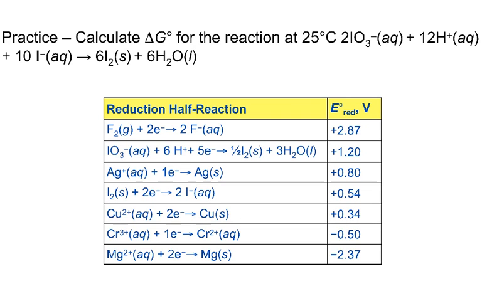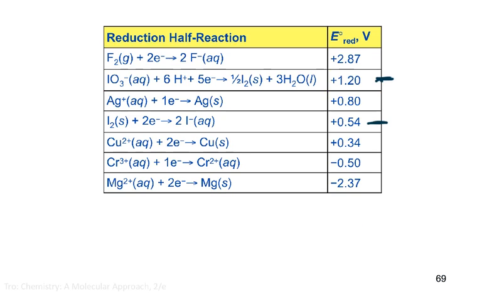So let's work through using these kinds of equations. Calculate delta G for this reaction at 25 degrees Celsius under standard conditions. We're looking at IO3 minus, and I minus going to I2, so this reaction.